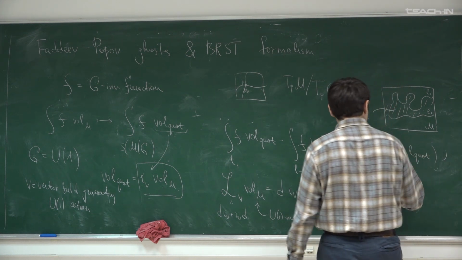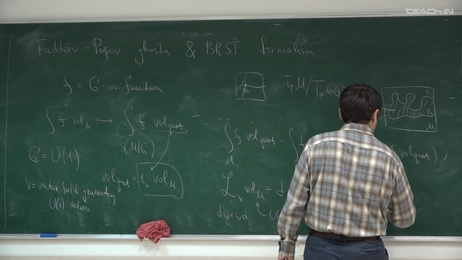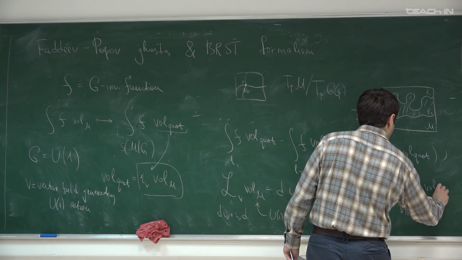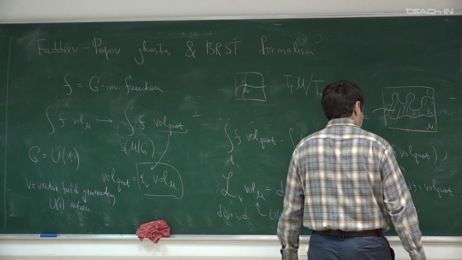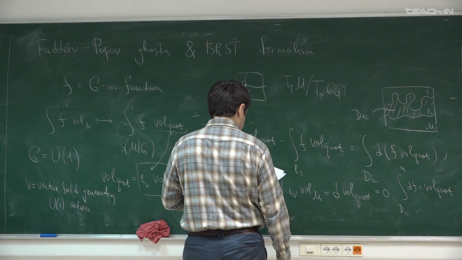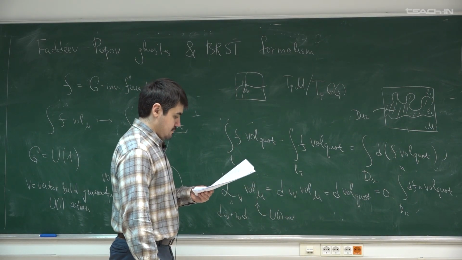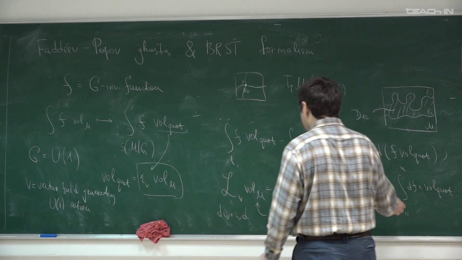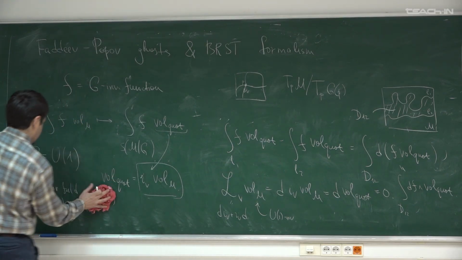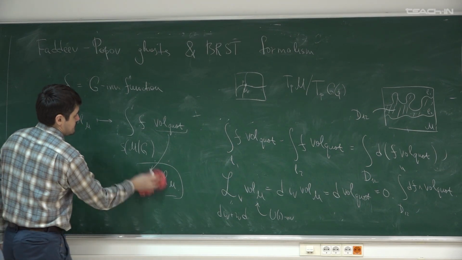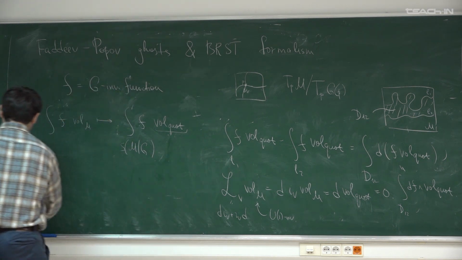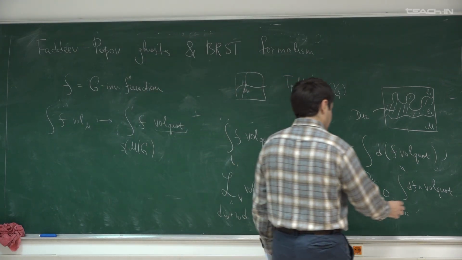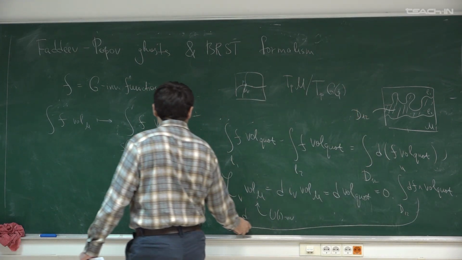Okay, so this is 0. So this is just the F wedge. And now we will just manipulate this formula a little bit.